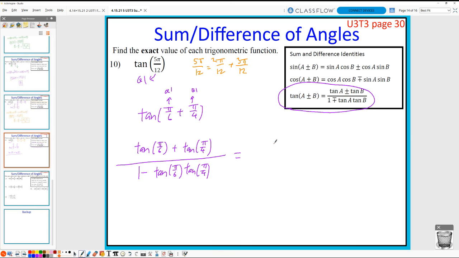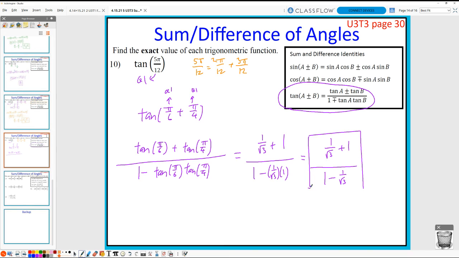Tan of pi over 6 is 1 over root 3. Tan of pi over 4 is just 1. And these are the same numbers, 1 over root 3 times 1. So when I simplify, it's a little bit hard for us to see, is this positive, is this negative? But you can tell the numerator is positive and it's greater than 1, right? Because it's 1 plus some fraction. It doesn't matter if the fraction is 1 or less than 1.